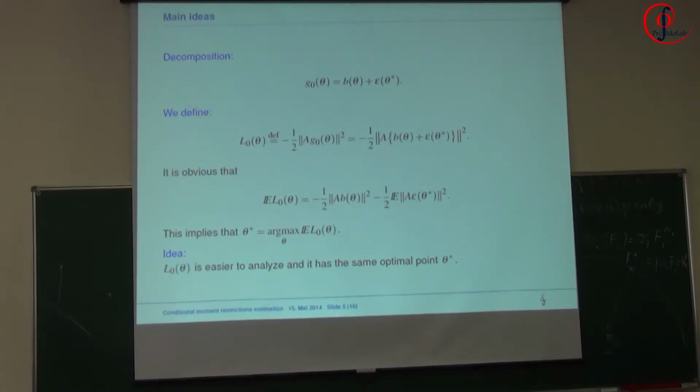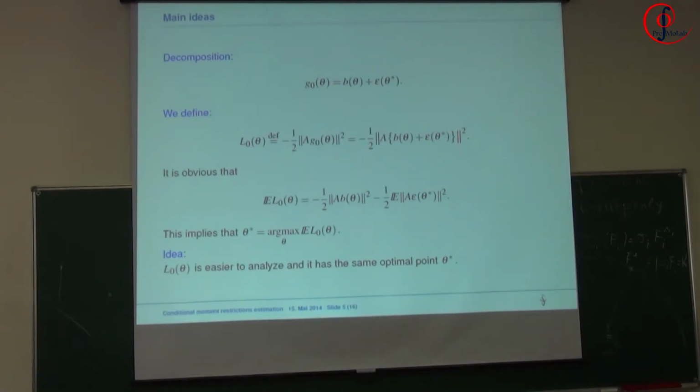May I interrupt a little bit just to tell us a short story? Actually, this is not a technical trick. There is a history of this project. Originally, we tried to work with the original quadratic form, because the estimator for this conditional moment restriction approach is defined by optimizing some quadratic expression.